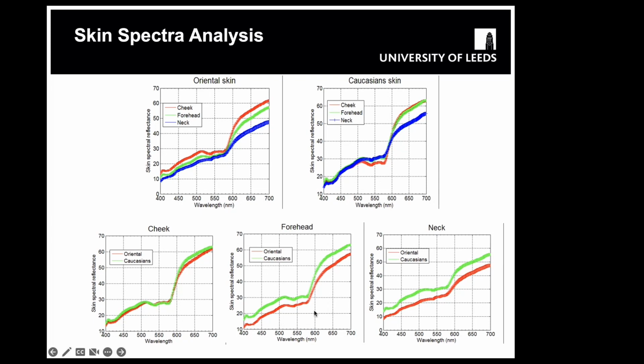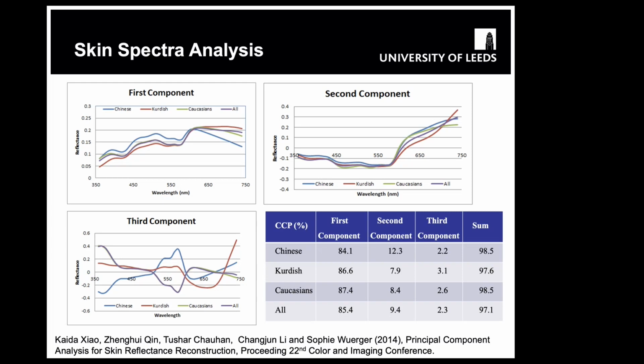Okay, I think that has to do with the melanin. As you know, the melanin is very smooth. So in the forehead, comparing Caucasian and Chinese, the difference might be due to the melanin part. And also for the neck, you find a similar tendency. Okay, so generally from those spectral reflectances, we can investigate more.